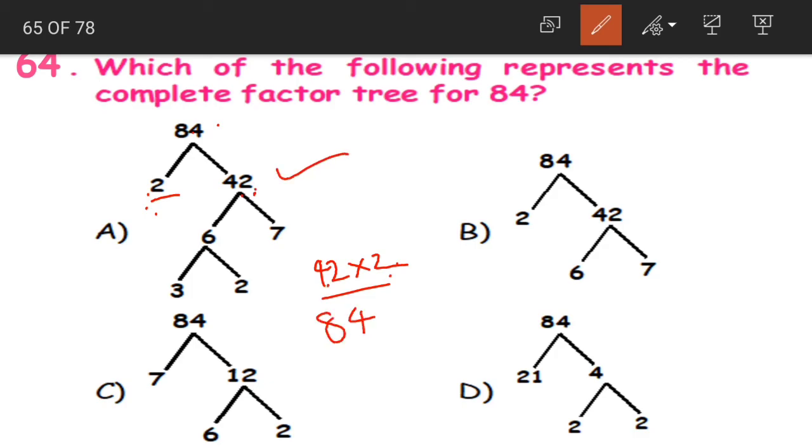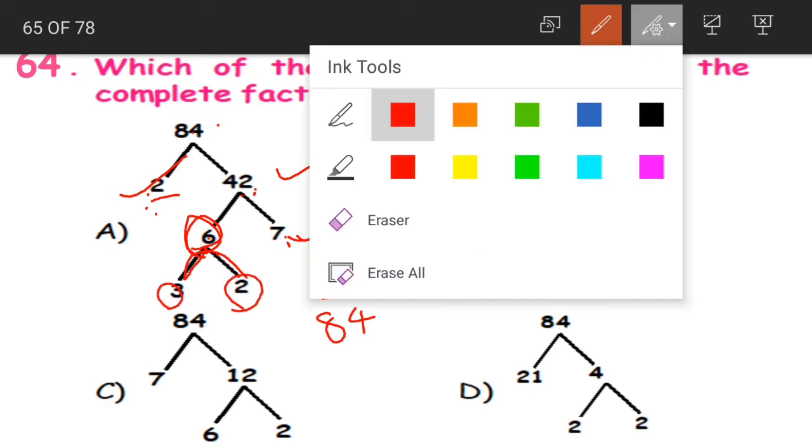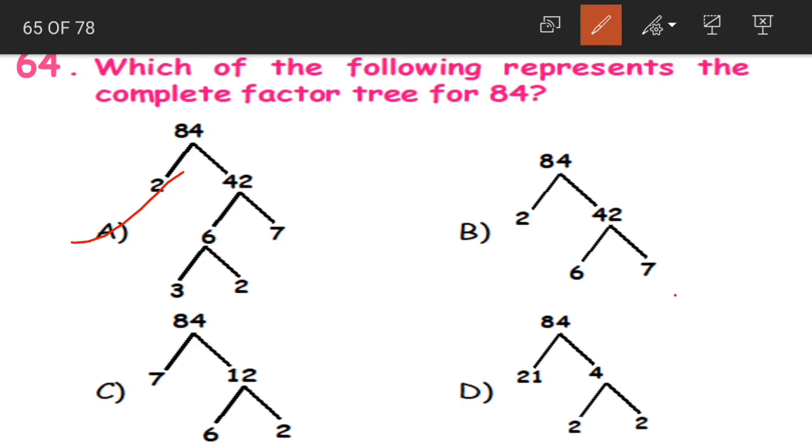It is correct. Now again 42 can be split as 6 7s are 42. Correct. Here 2 is a prime number, 7 is a prime number, 6 is a composite number. So again writing the factors, we have 3 2s are 6. So is this a complete factor tree? Yes, option A is our complete factor tree.